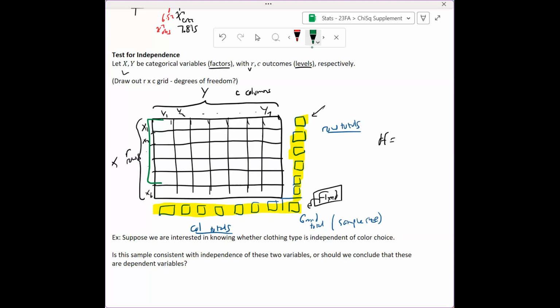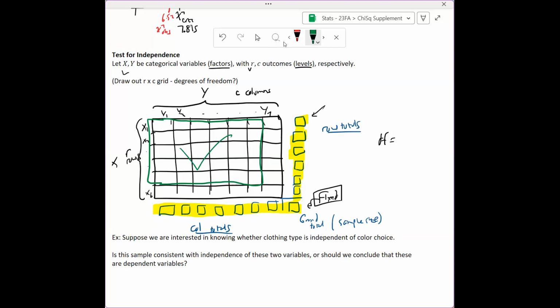But the same is true of the rows and the row totals and the columns. I could choose the first 6 out of 7 of the columns any way that I want. And if I leave myself one at the end, I can ensure that the row totals work out. So I can choose any of these any way that I want.